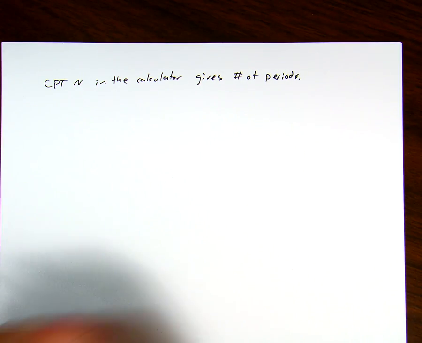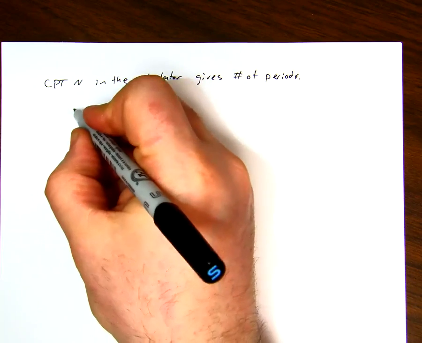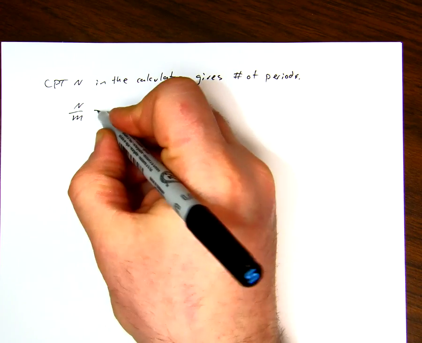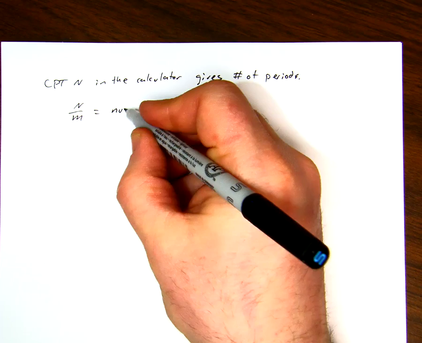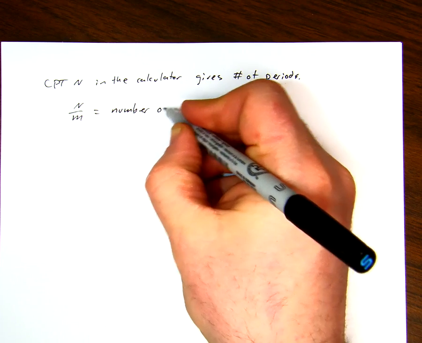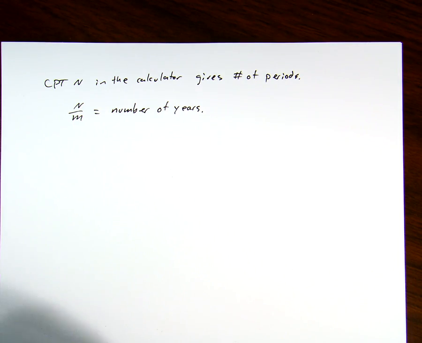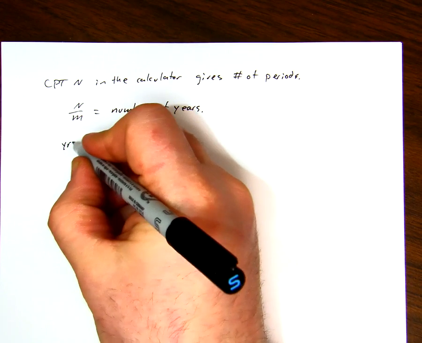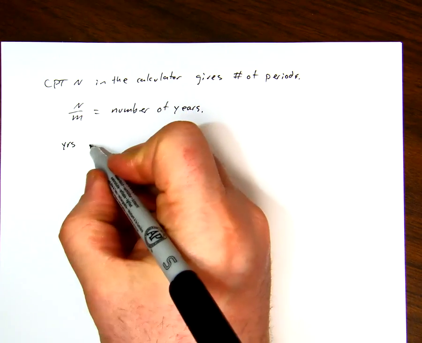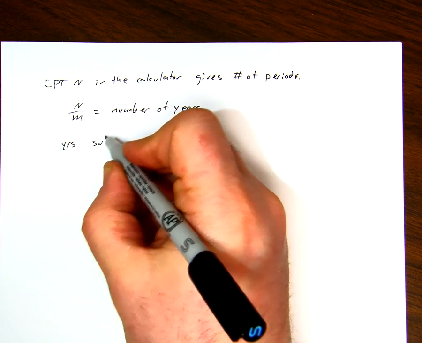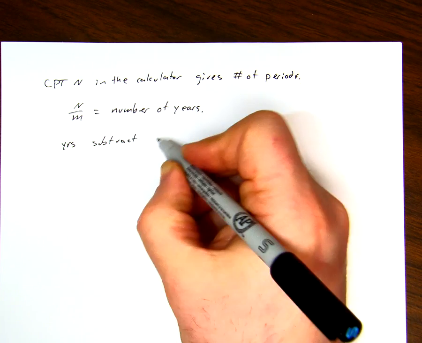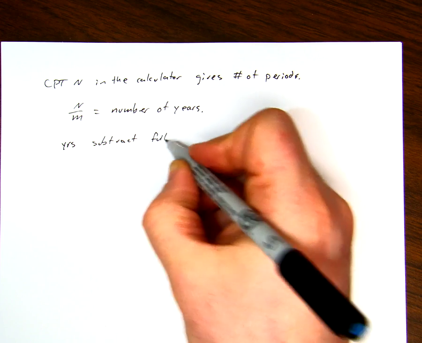Step one is that we're going to say n over m equals number of years. And then we're going to take the number of years and subtract off the total years or full years.